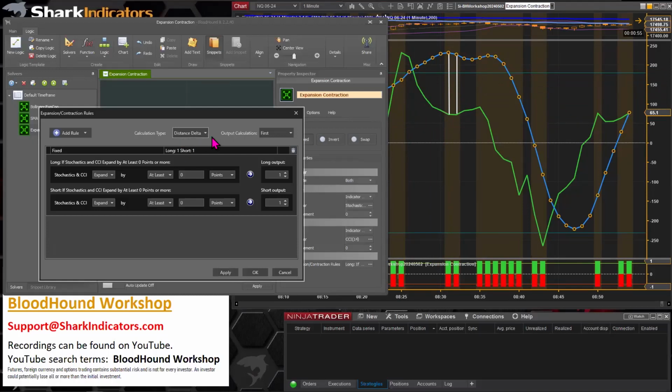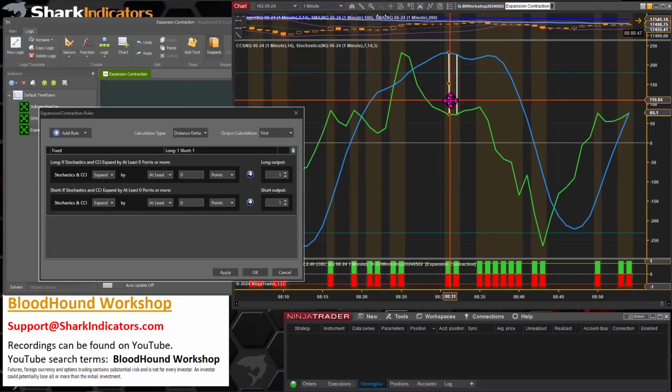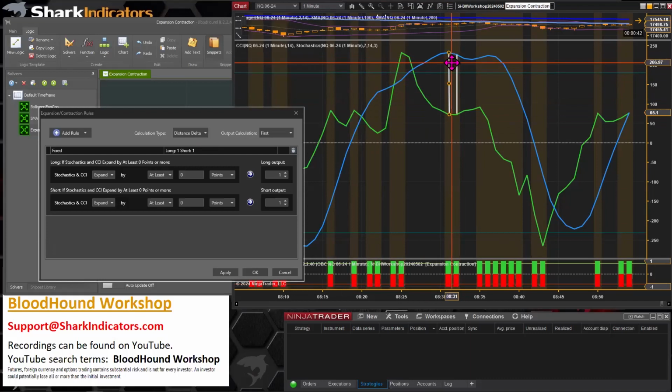So the distance delta is pretty simple and pretty direct, right? Basically, you're taking the distance, as I've tried to use these vertical lines here to show, right? You're taking the distance between the two lines and comparing them from one bar to the next to see, is that distance shrinking or expanding, right?